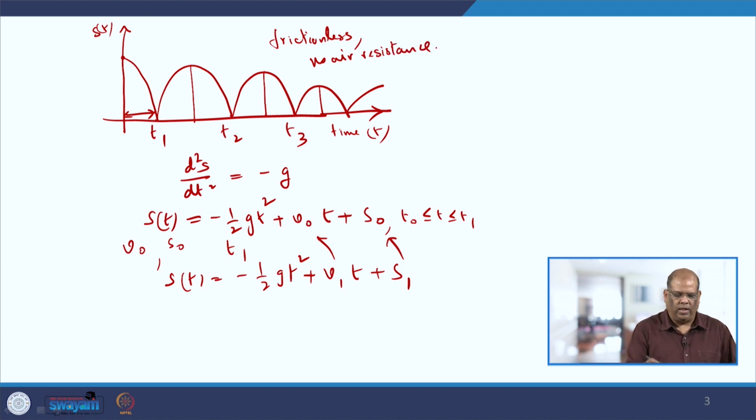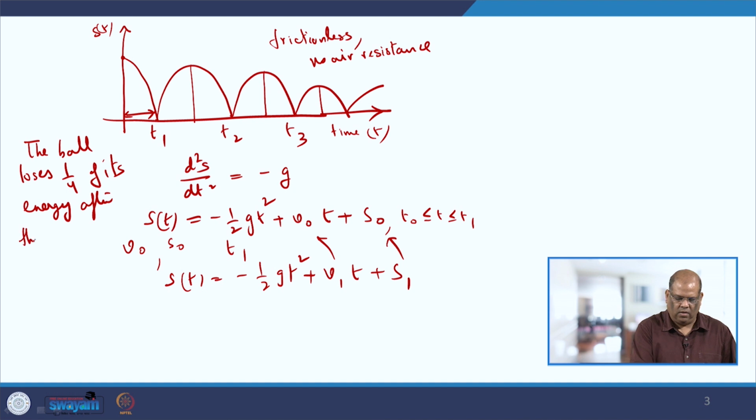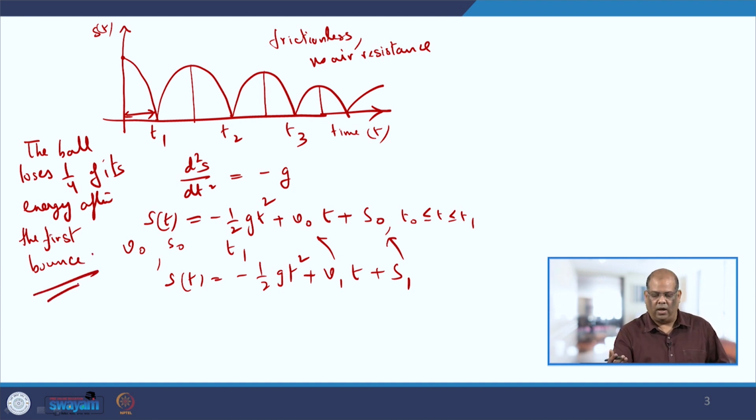But we assume one thing, that the ball loses 1/4 of its energy after the first bounce. So, this means in the second bounce it will lose 1/4 of the energy that is left, and the process continues. So, in each step you have to calculate this v1 and s1, which depends on v0 and s0, and also on this particular property.